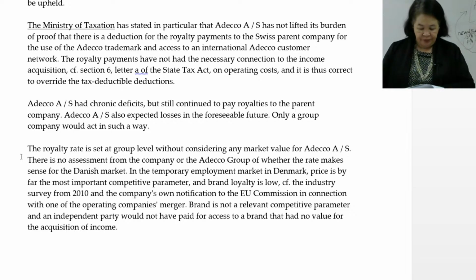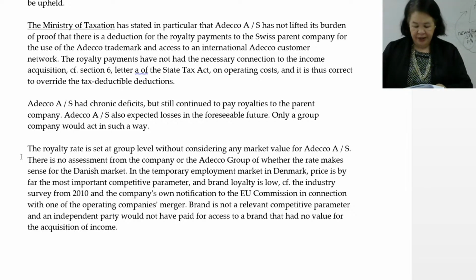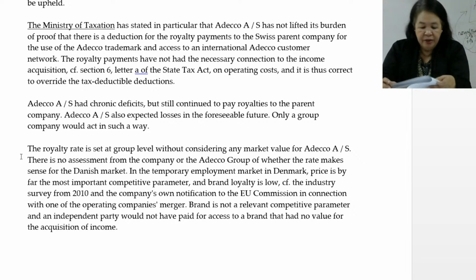Of the industry survey from 2010 and the company's own notification to the EU Commission in connection with one of the operating companies' merger, brand is not a relevant competitive parameter and an independent party would not have paid for access to a brand that had no value for the acquisition of income.